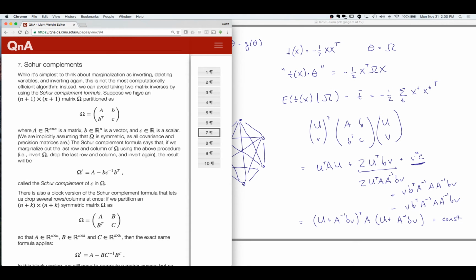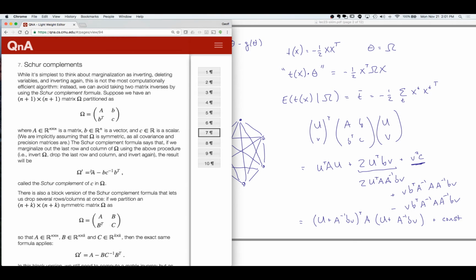And what that is, suppose that we have our precision matrix omega partitioned like this. And we're going to try to marginalize out the last row and column, right? So what we want to do is invert, delete the last row and column, and invert again. But the Schur complement formula says that we can do that without doing two matrix inverses.